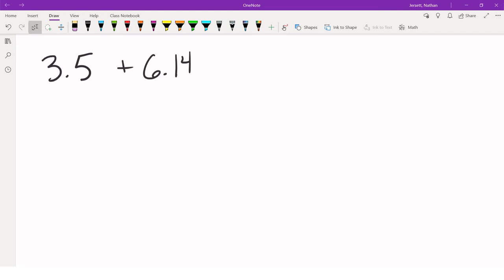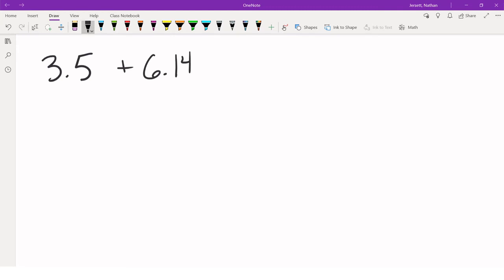So 3.5 and 6.14, what's important here is to make sure we understand that 3.5 is the same thing as 3 ones and 5 tenths. 6.14 is going to be 6 ones, 1 tenth, and 4 hundredths.